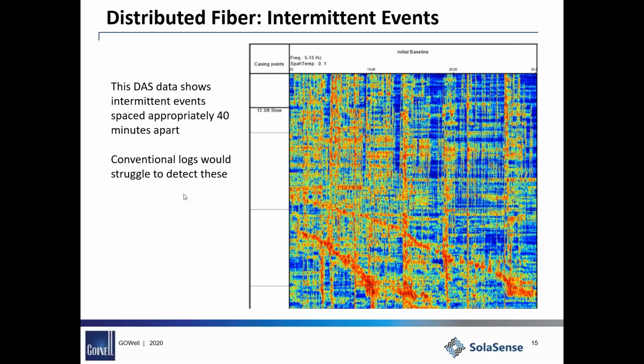If I didn't have distributed data, if I had conventional log data, I wouldn't be able to pick up these events unless I was adjacent to them when they occurred. So a really good example of, I've done nothing to the well, it is clearly not static, there is activity in the well, and I'm picking it up in the fibre.